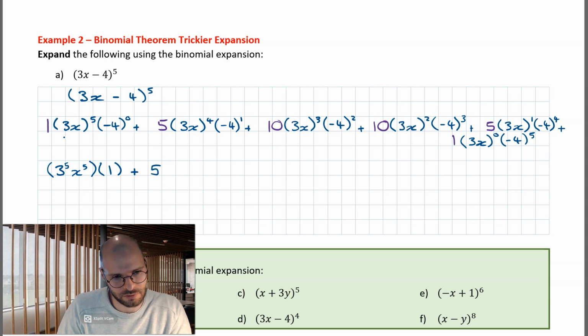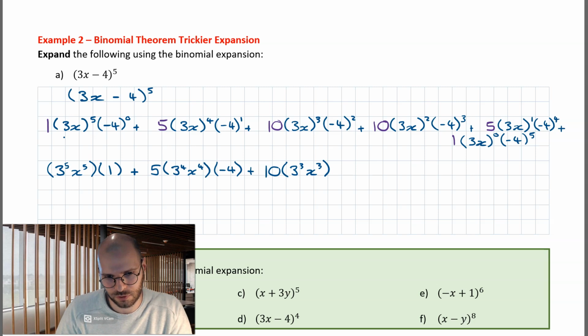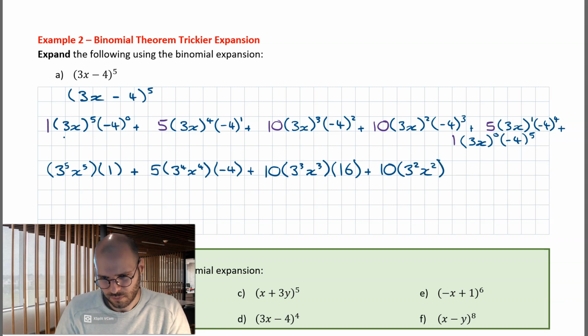Next, 5, 3 to the 4, x to the 4, and then minus 4, plus 10, 3 cubed, x cubed, and then minus 4 squared, that is going to be 16.